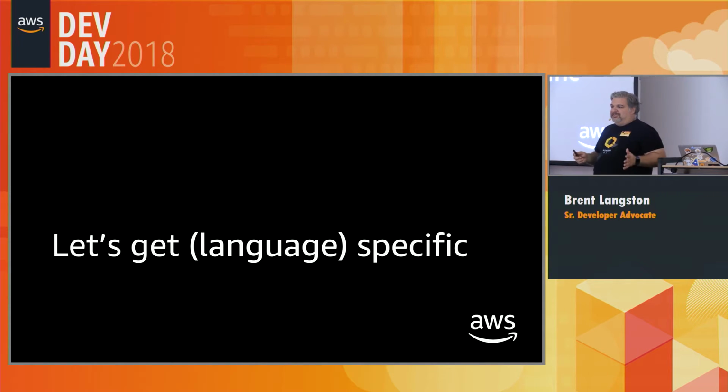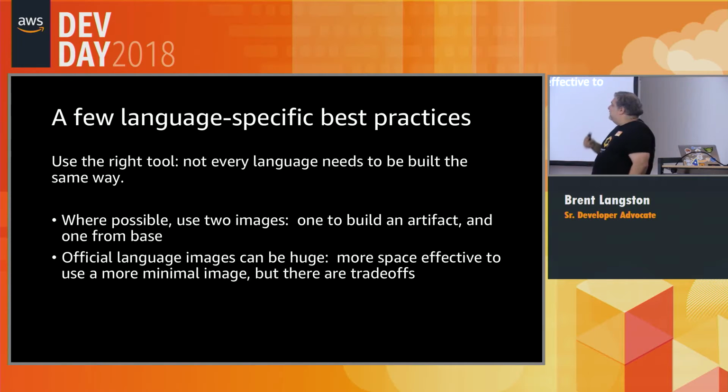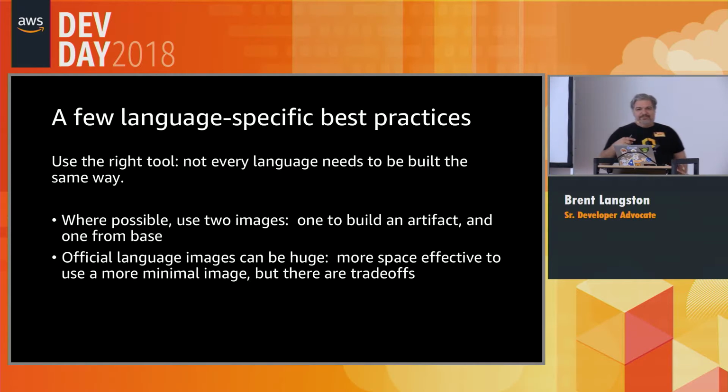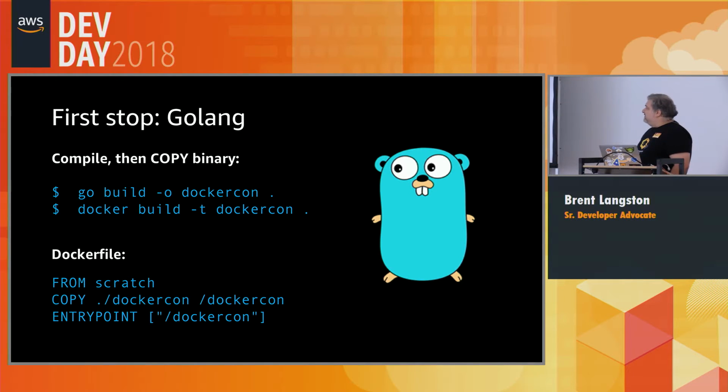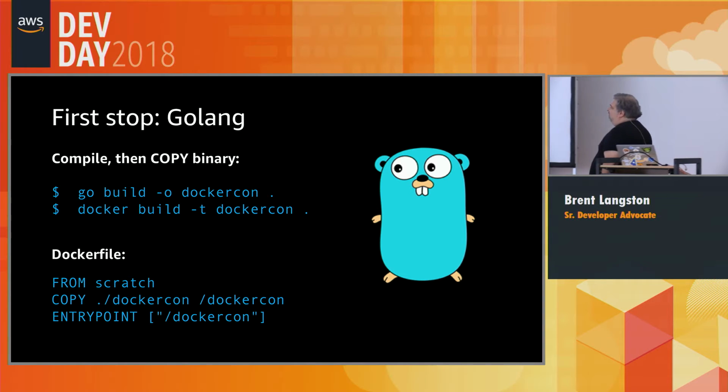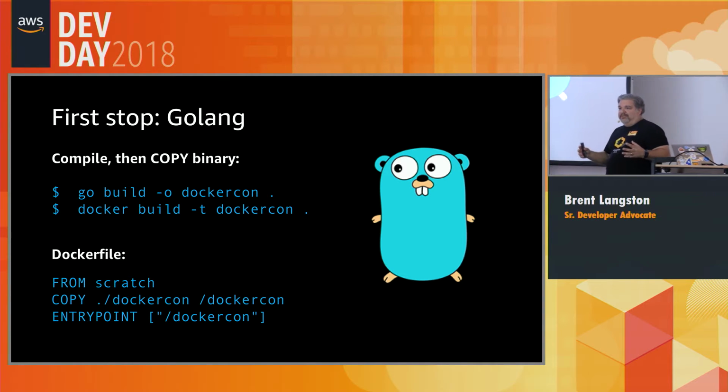Now, language-specific stuff. So I alluded to this earlier. There are certain languages that can take advantage of certain conditions in a Dockerfile. One, for example, is Golang. So with Golang, you know that when you build, what you end up with is a statically linked artifact. That is awesome.